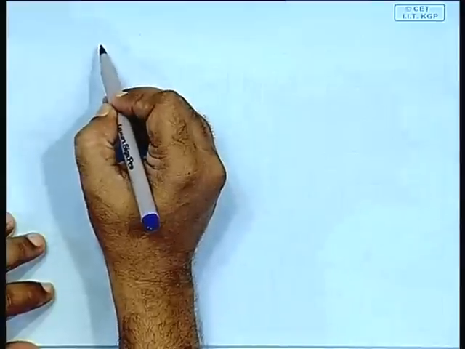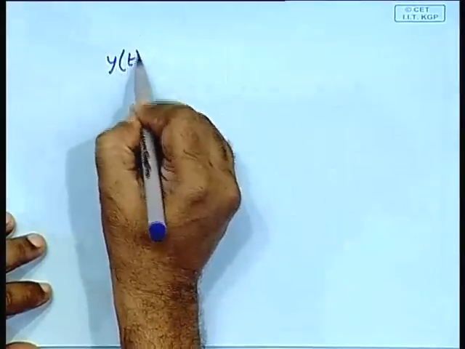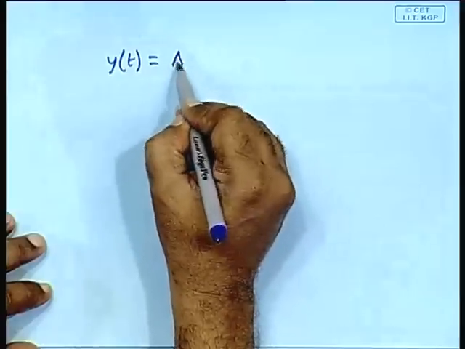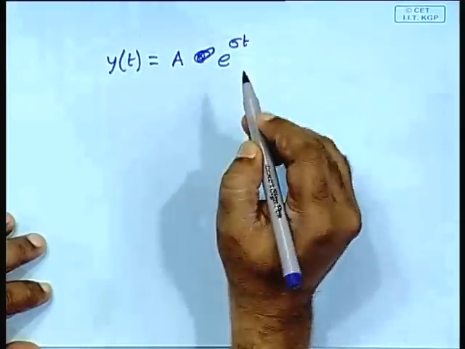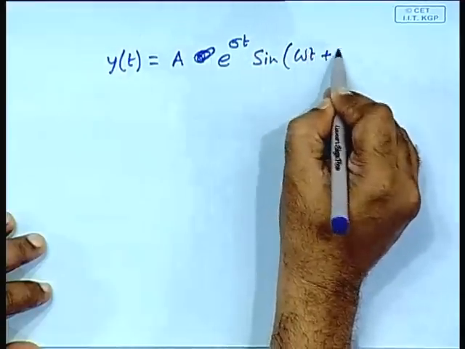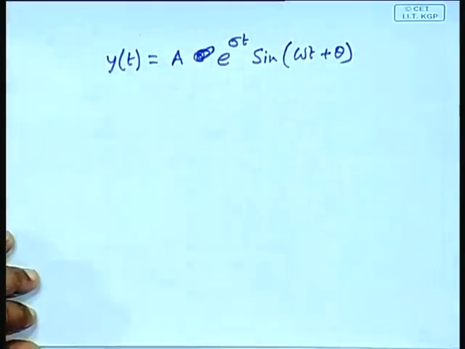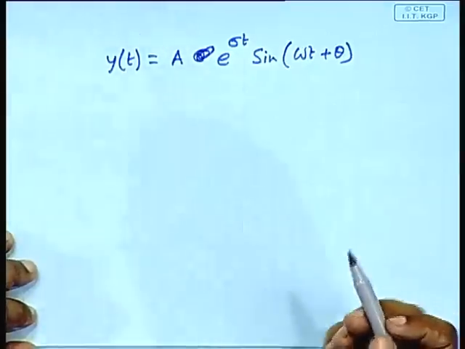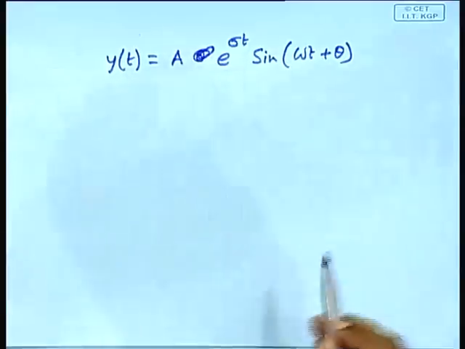So, if you have y t is equal to A e to the power sigma t sin omega t plus theta, then what will the behavior be like? By the way, what is x t in that case?